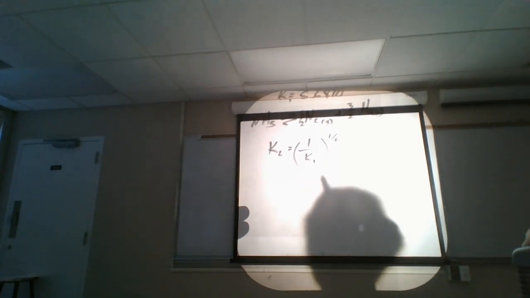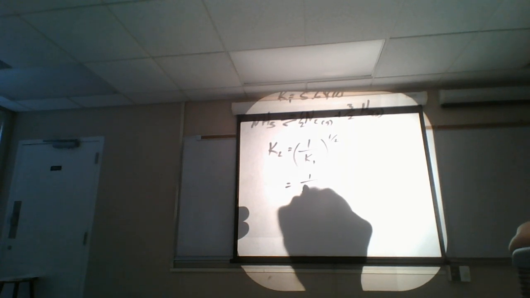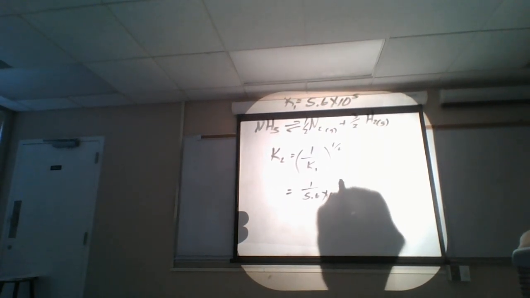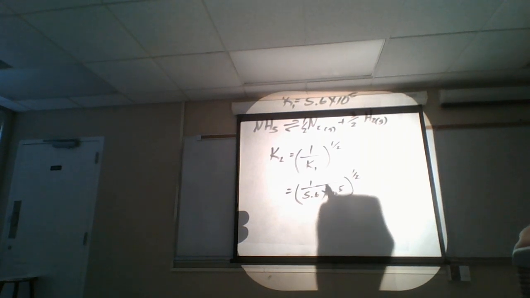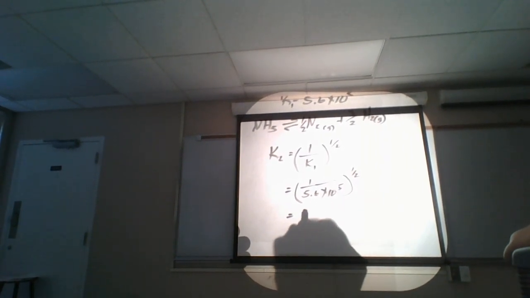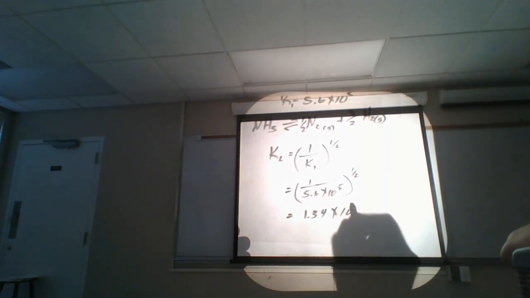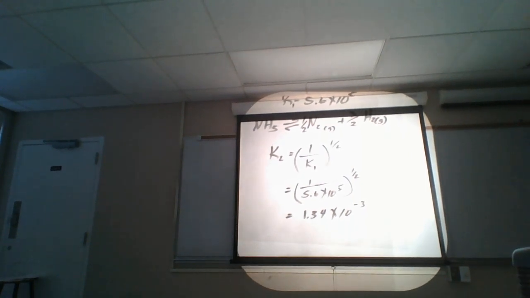So K2 equals 1 over 5.6 times 10 to the 5th power, raised to the 1/2 power, which is the square root of it. So take the reciprocal and the square root of it, and you got 1.34 times 10 to the -3 for that value of K.